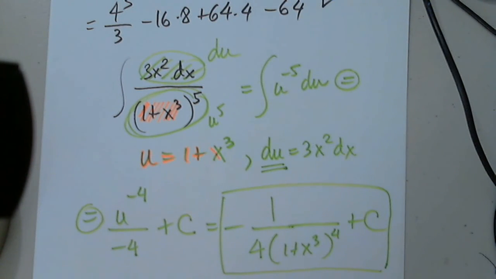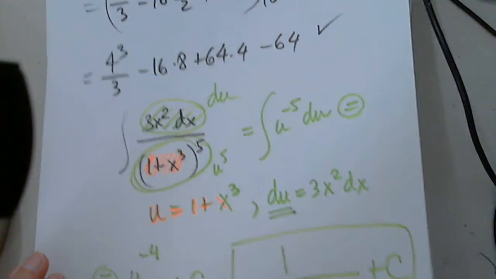Do we need more with indefinite before we move on to definite? I don't know what to do. I think you can move on to definite. Okay, let's do a definite then.